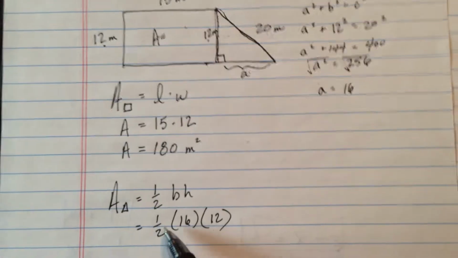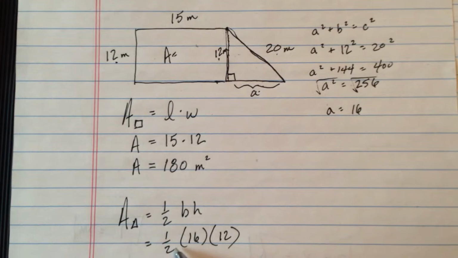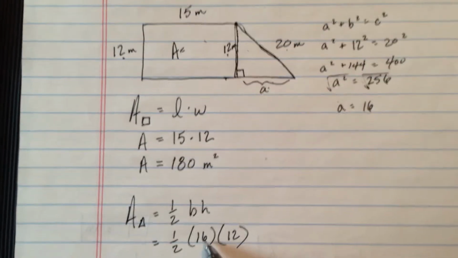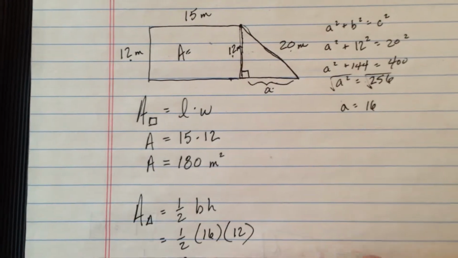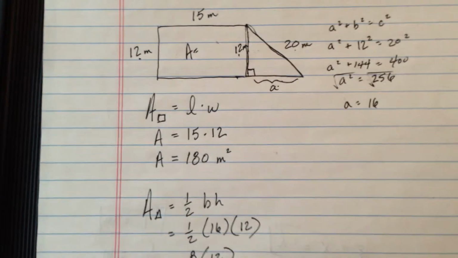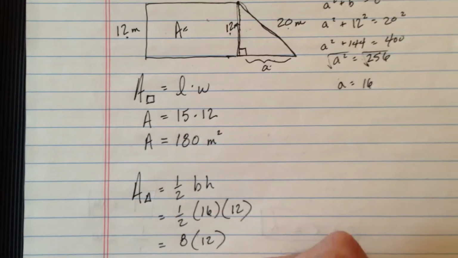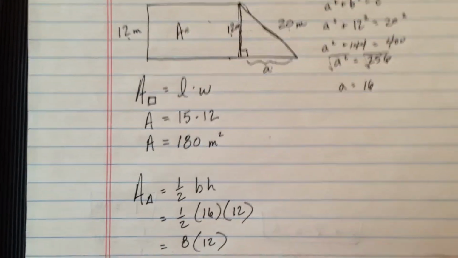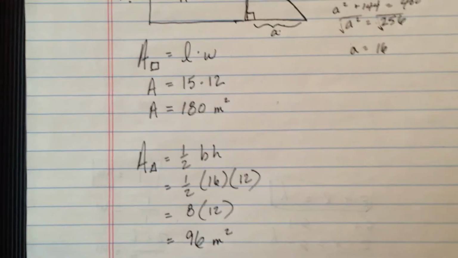Now, a little trick, we got half of 16 times 12. So I can go ahead and just take half of one of these two numbers. So I'm going to take half of the 16, which in this case is 8, and now all I have to do is multiply that by 12. So 8 times 12, calculator again, should give me 96. And again, that is in meters squared.